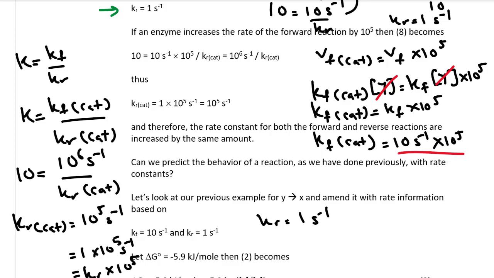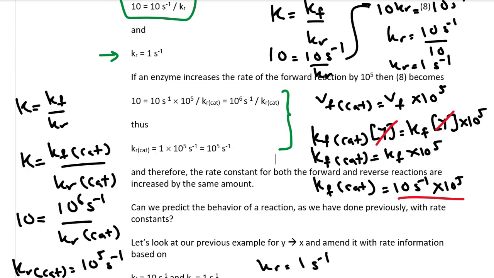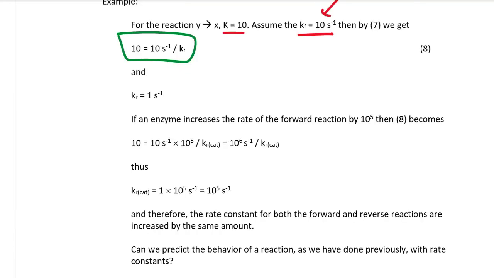So the whole thing being done here, that is all of this. And just to go back and look, this was our original rate constant for the reverse reaction right here, right? So if an enzyme increases the rate of the forward reaction by 10 to the 5, then 8 becomes the following, which we showed, and this gives us a Kr cat of 10 to the 5 per second.